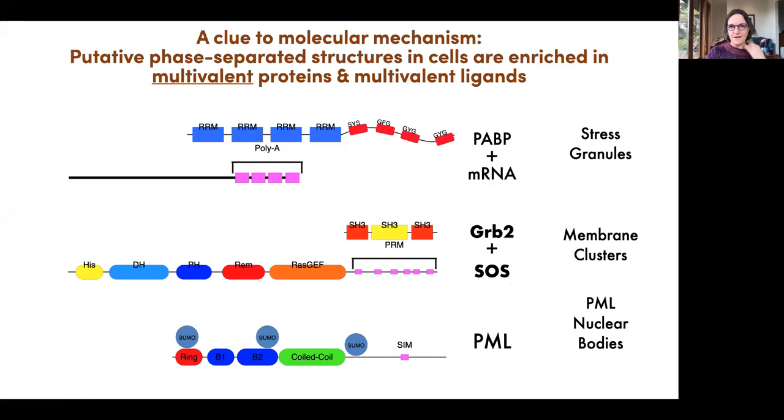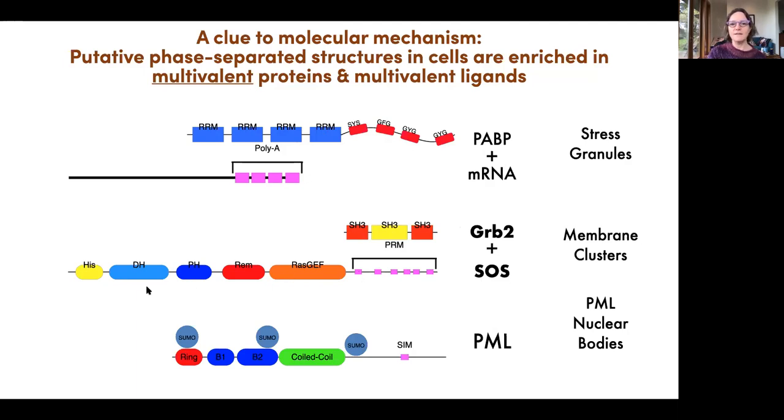So what these authors set out to look at was based on a hunch that they had. They noticed that a number of the proteins that seem to localize to different kinds of bodies within cells seem to be enriched for proteins that have multiple modules that can bind to other things. Sometimes some of these modules will bind to RNA. This RRM module is an RNA binding module, but most of these little modules that they're looking at are interaction domains for other proteins.